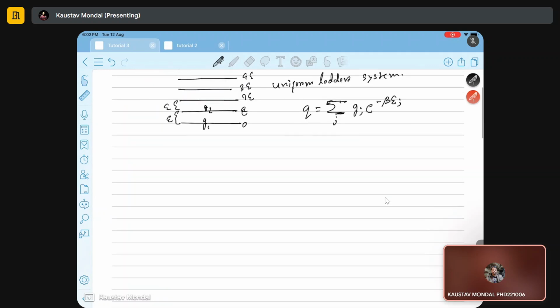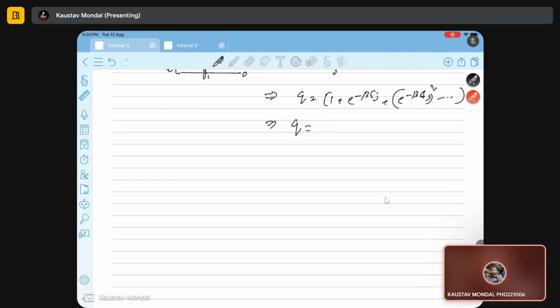Now from here we have done the summation like this: 1 plus e to the power minus beta epsilon plus e to the power minus beta epsilon whole square, and so on. And then from there we got the partition function in a closed form, which is this.